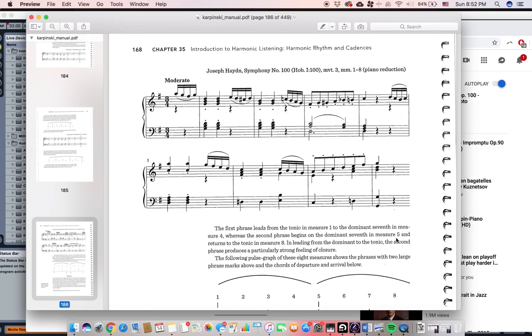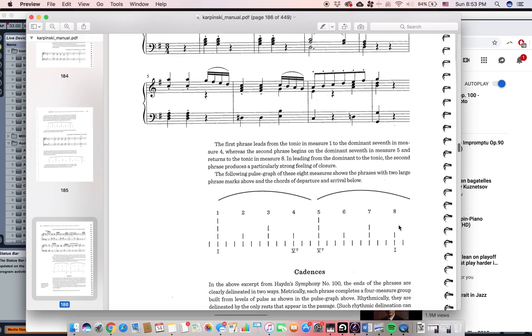And then you'll have a second phrase, consequent, which is going to have shared material with the antecedent, maybe even repeating the material directly, or as in this case with the Haydn, it's the rhythm that's the same, but the harmony has changed. And we can see that it starts on 5 and ends on 1, closing out the structure, ending on a perfect authentic cadence, which is typical of this period structure.